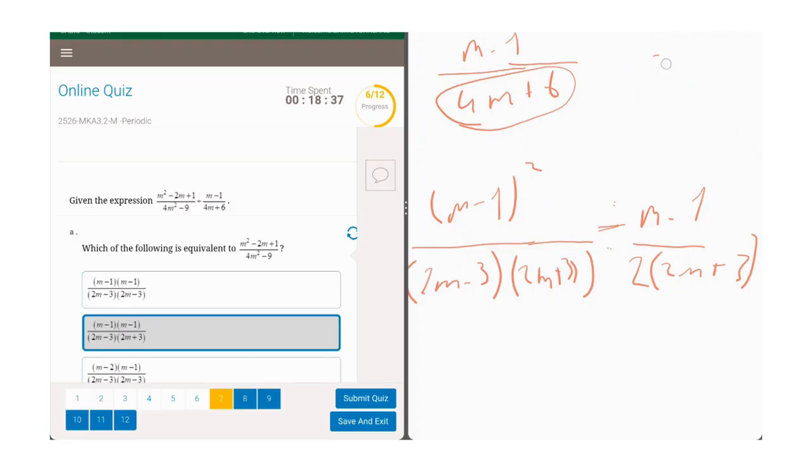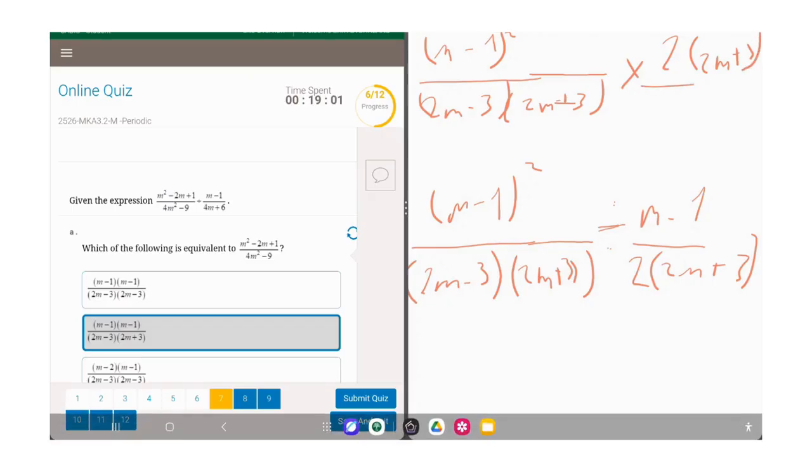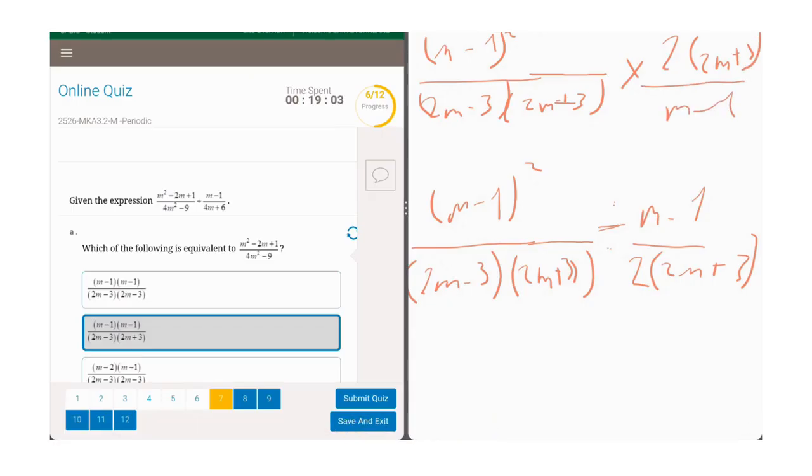Now write the KCF at the top. So you keep the numerator the same, over 2m minus 3. The first fraction will stay the same, multiplied by 2m plus 3 over m minus 1.